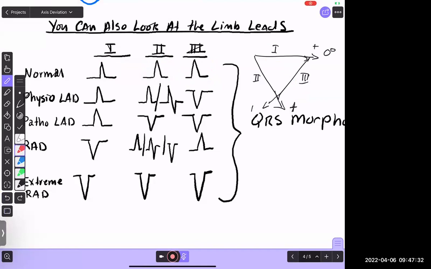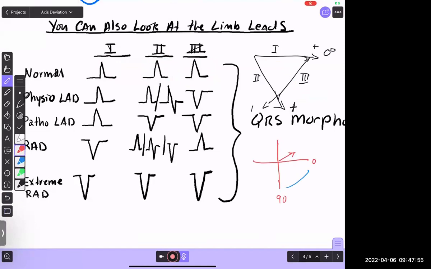as you become more left axis deviated, let me draw that. So 0 to 90 is the normal axis here. As I become more left shifted, the electrical axis is moving in that direction, up above 0.